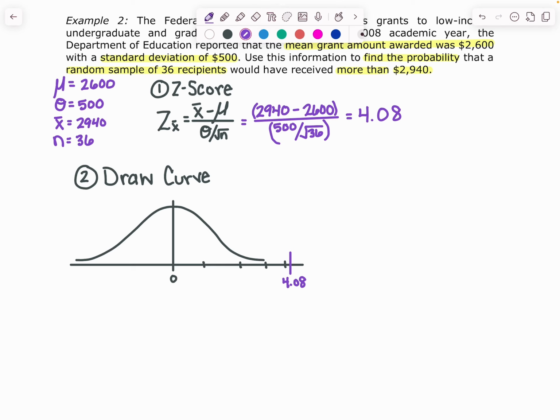And then it says more than, so that's shaded to the right. Very small amount of area, but there is still a little bit of area there. And that was step 3, completing my shading.